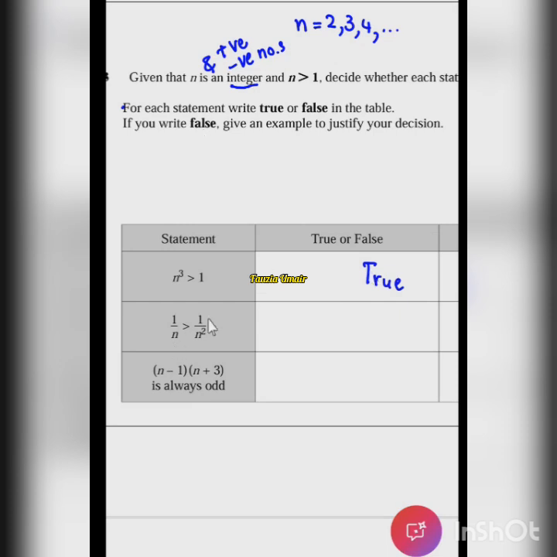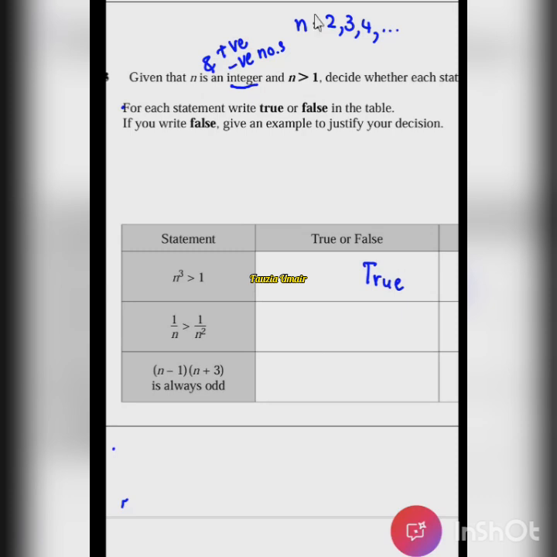So what about this statement? 1 by n is bigger than 1 by n square. What should I do about it? Hashim, any ideas? Ma'am, can it be verified? All right. 1 by n can be greater than or equal to, if the value of n is 1. Do you think n is 1, because it is given n is bigger than 1? n is not 1.